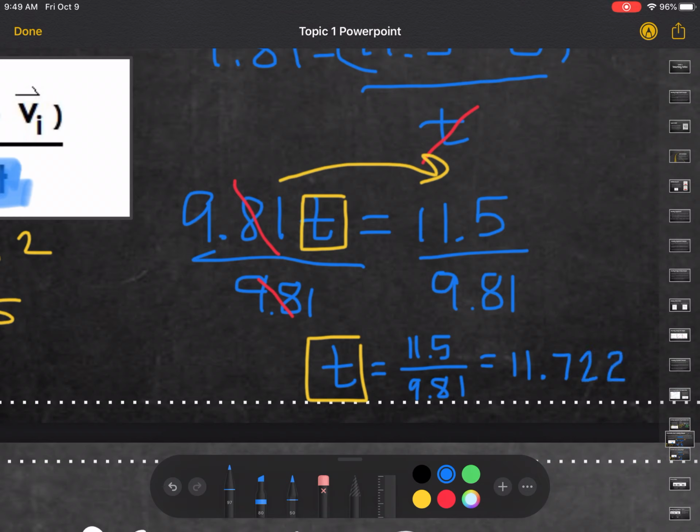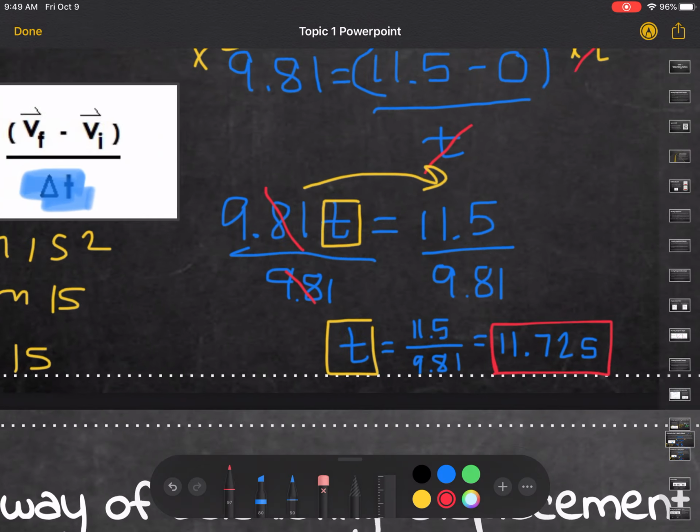If we write the 3, then we need to check, is this number 5 or higher? If it is, we round this number up. But since it's not, we just keep that number the same. So our time is 11.72, and that is in seconds. Okay, so this is our final answer, 11.72 seconds.